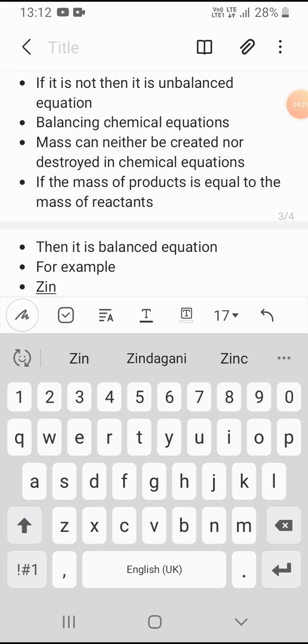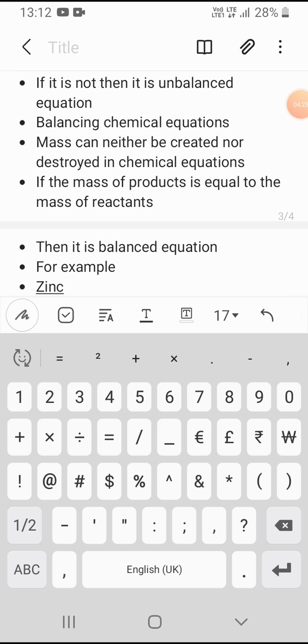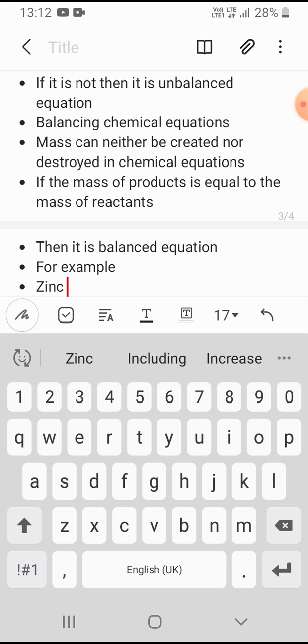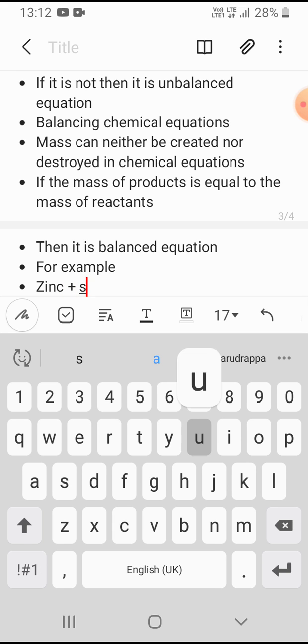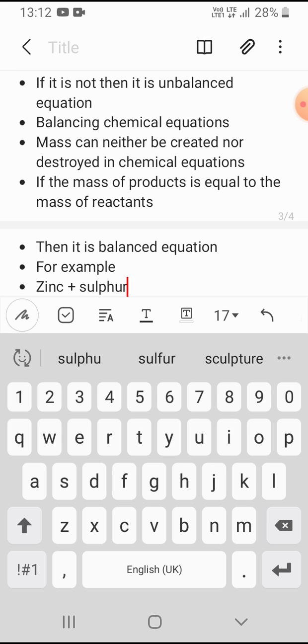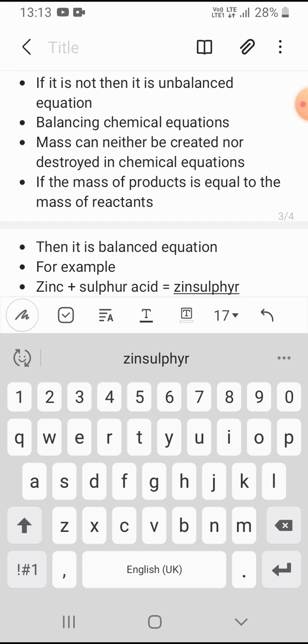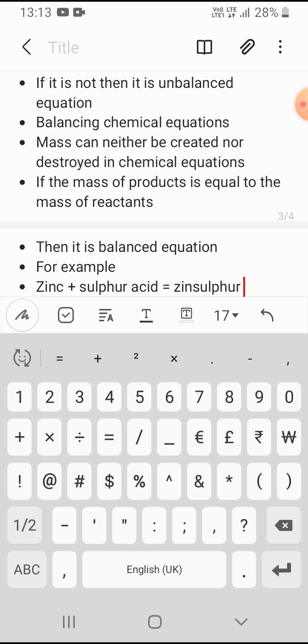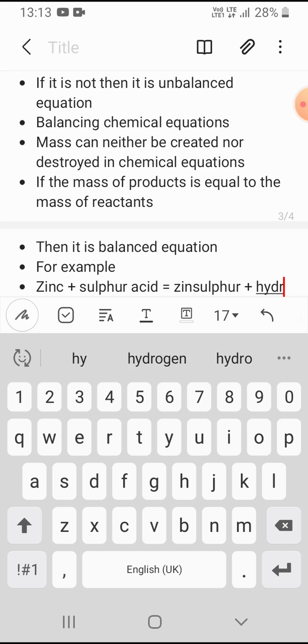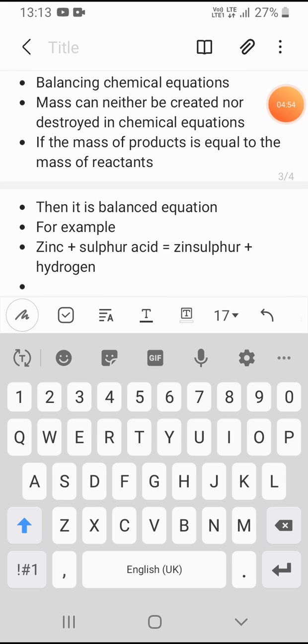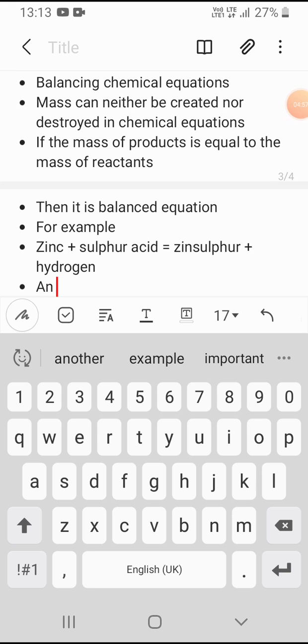Zinc plus sulfuric acid gives zinc sulfate plus hydrogen. The hydrogen will evaporate. The molecular formula for zinc is Zn, as you may have learnt.